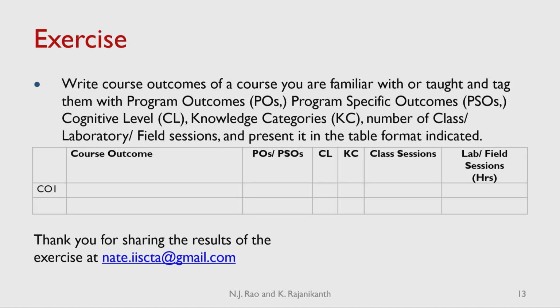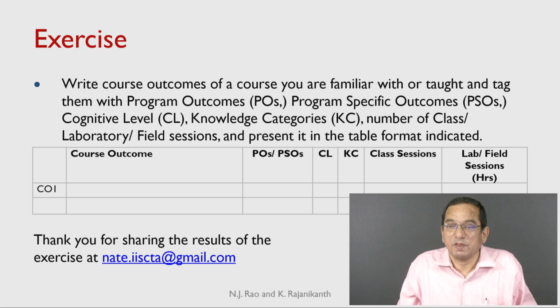So an exercise: write course outcomes of a course you are familiar with or have taught and tag them with program outcomes, program specific outcomes, cognitive level, knowledge categories, and number of classroom, laboratory, field sessions associated with that particular CO, and present it in the table format indicated.